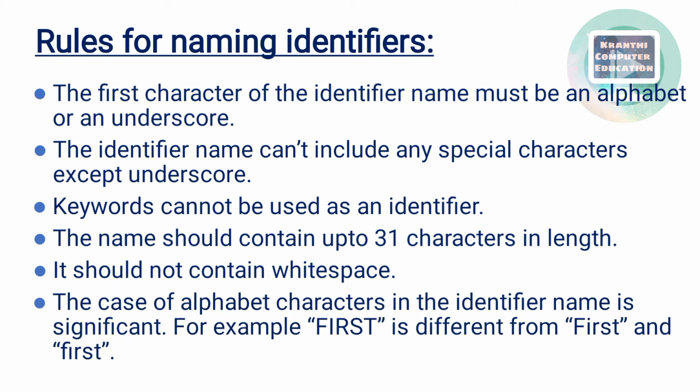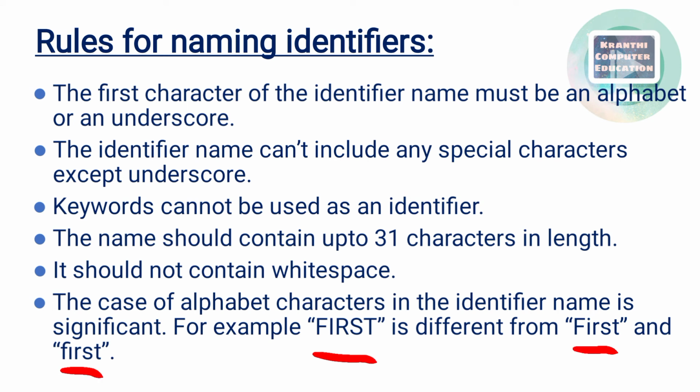The case of alphabet characters in the identifier name is significant. That means, for example, see here, we wrote capital letters first, and then lowercase first, and mixed case first.